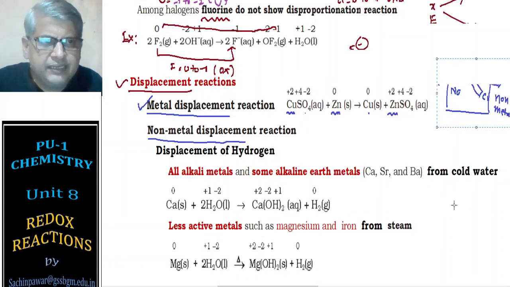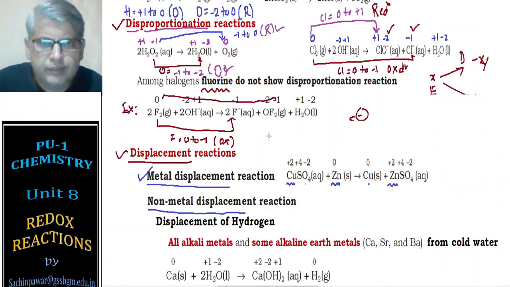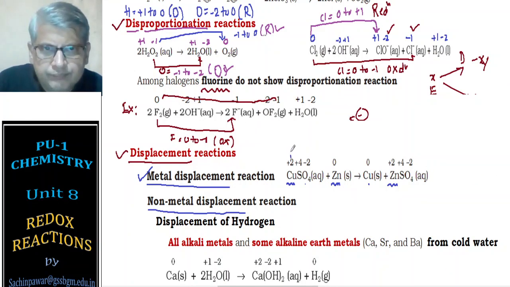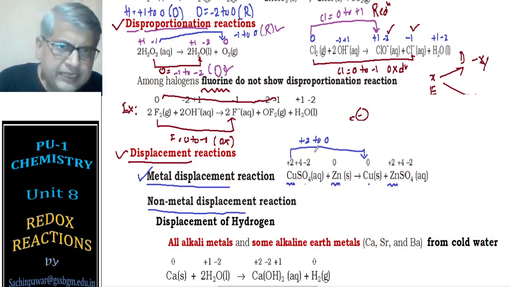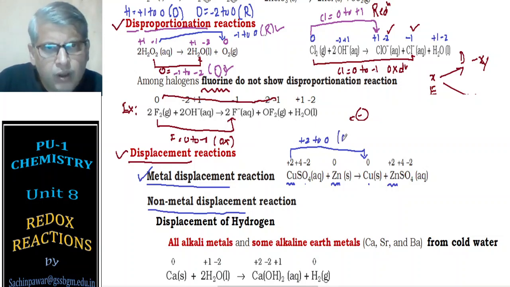You can easily see it is a redox reaction, because again check out, copper is becoming +2 to 0. So it is a decrease in oxidation number, that is reduction, and sulfur is -2 here and here.